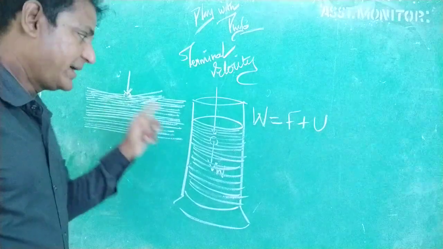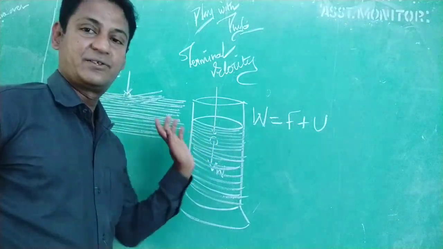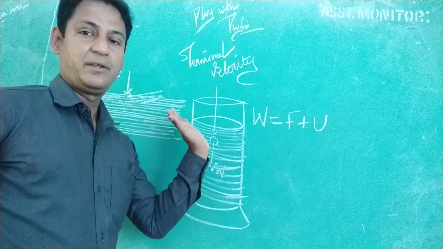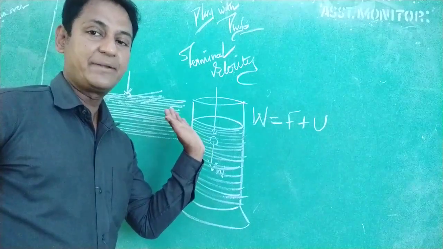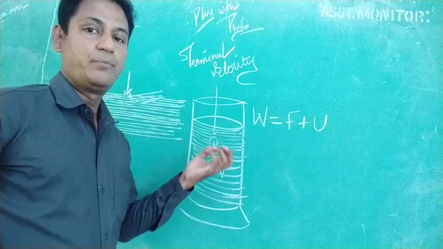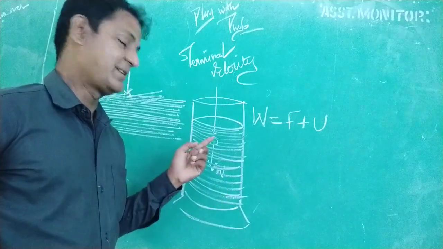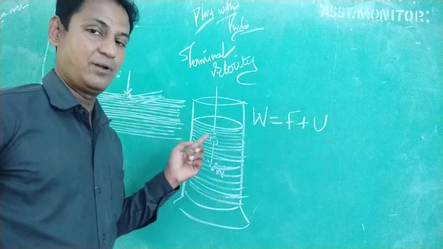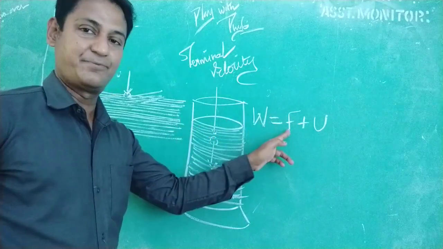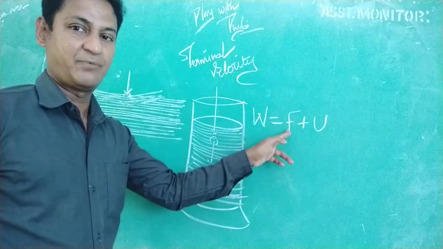Likewise, these liquid layers try to prevent the metal ball from moving, making it move slowly. So that is what we call the viscous force of the liquid layers.